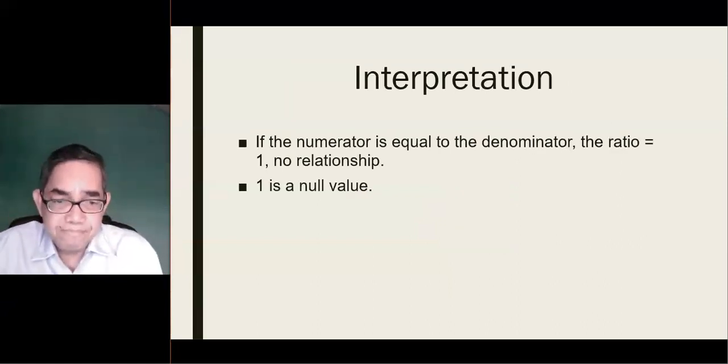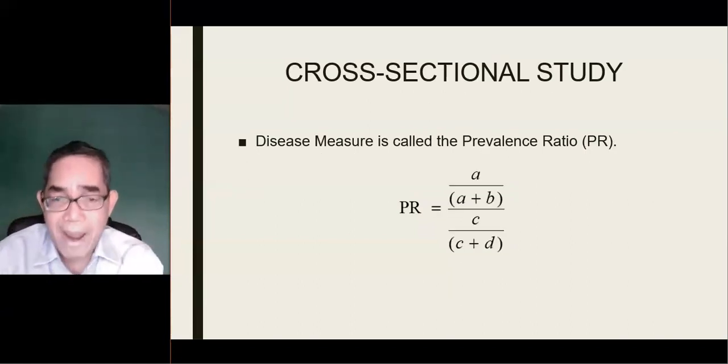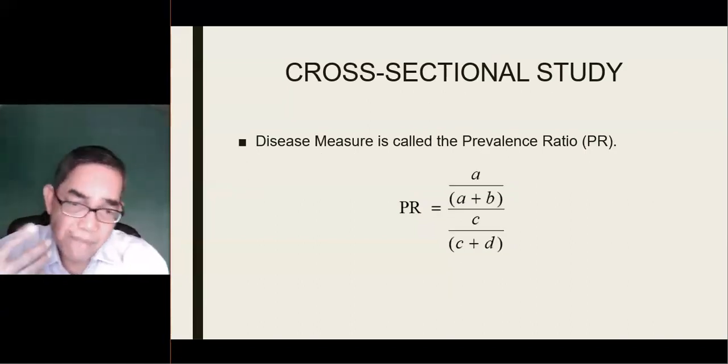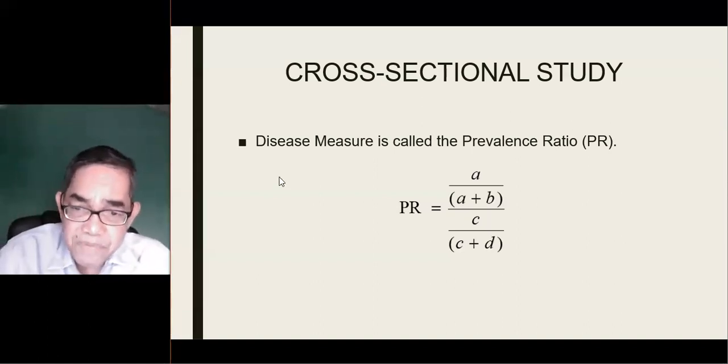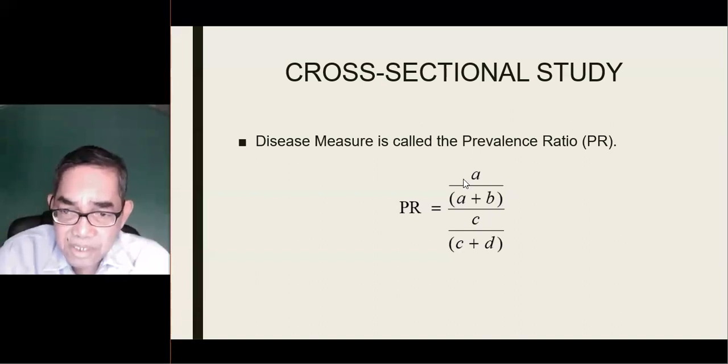Okay, now listen, just go back. Later on, just for you to be able to understand the numbers that will come out later on. If the prevalence of the disease among the exposed is equal to the prevalence of the disease among the unexposed, then the prevalence ratio should be equal to 1. The numerator is equal to the denominator. And what does that mean?